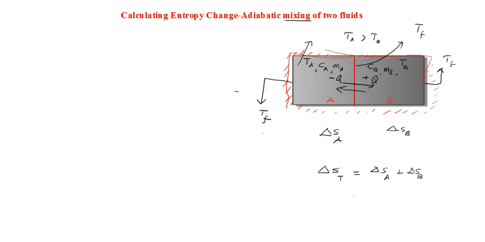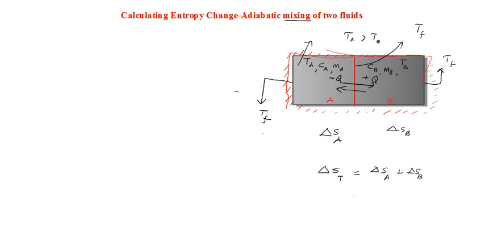Now how do you get delta SA? It's quite simple. It's like heating water from, say, 50 degrees Celsius to 80 degrees Celsius, with no phase change, as we assume.